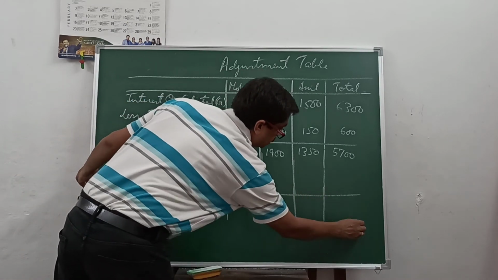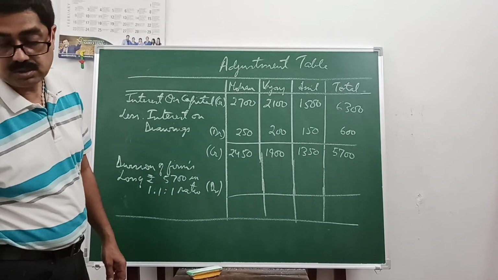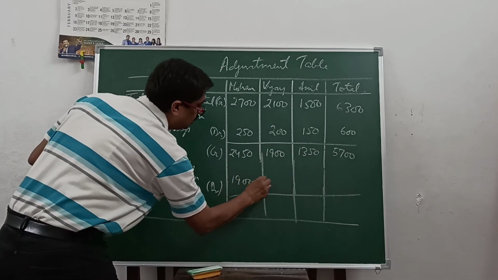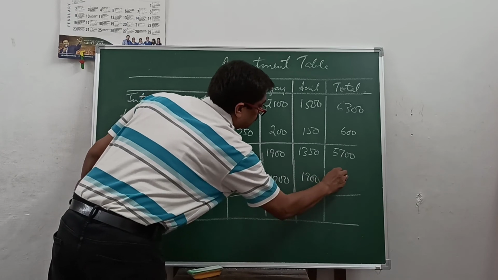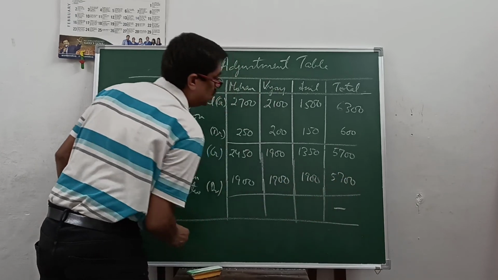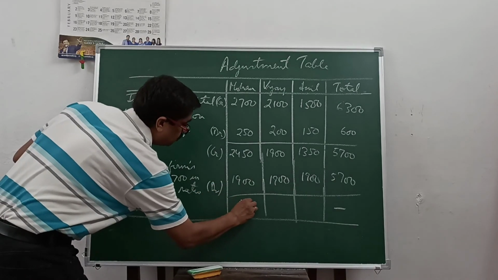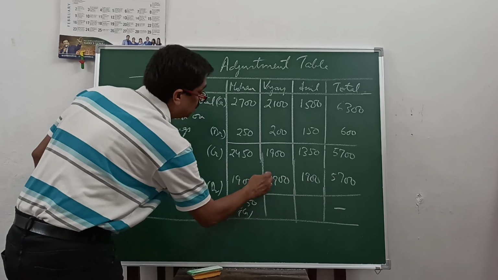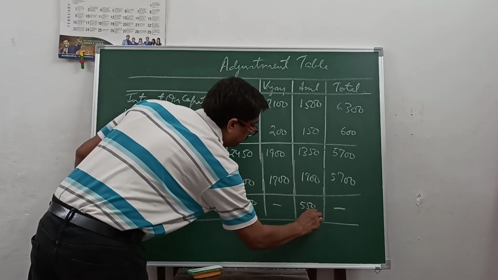It is divided equally, so 5,700 divided by 3, 1,900 each. Find the difference. This will be 550 for Mohan credit, nil, and 550 for Anil debit.